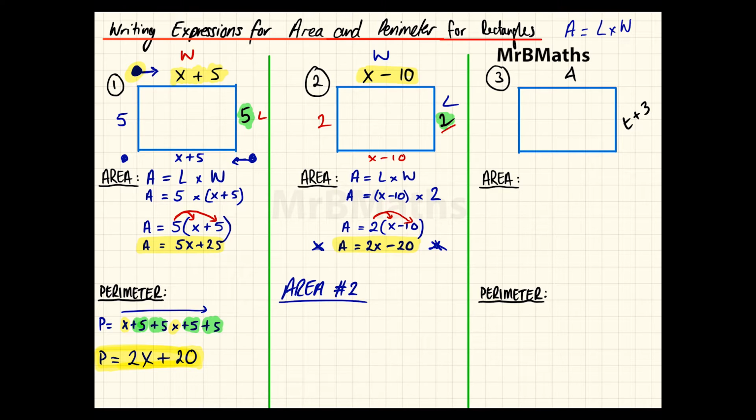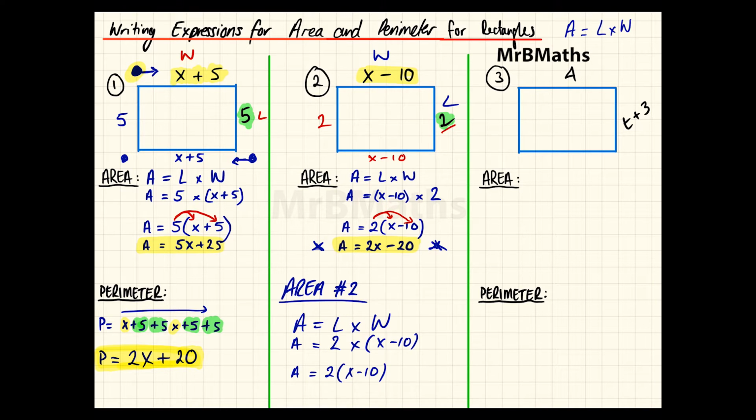So A equals L times W, A equals L, so now L is 2 times W, which is x minus 10. I then write A equals 2(x minus 10).